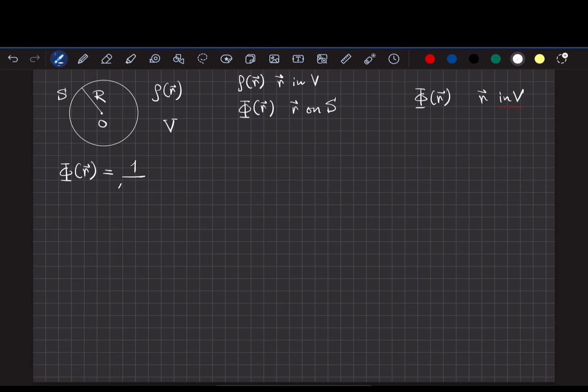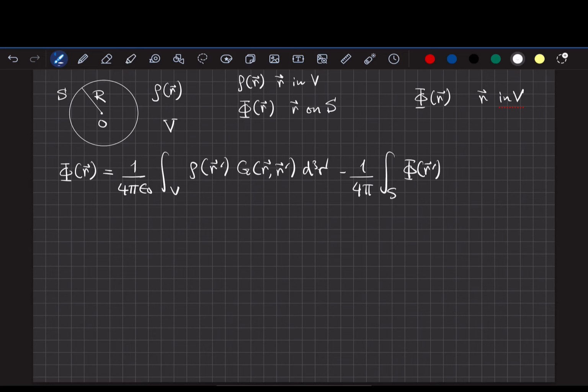So you can write the final potential as the charge density times the Green's function, as we have discussed before, minus the potential times the gradient of the Green's function.